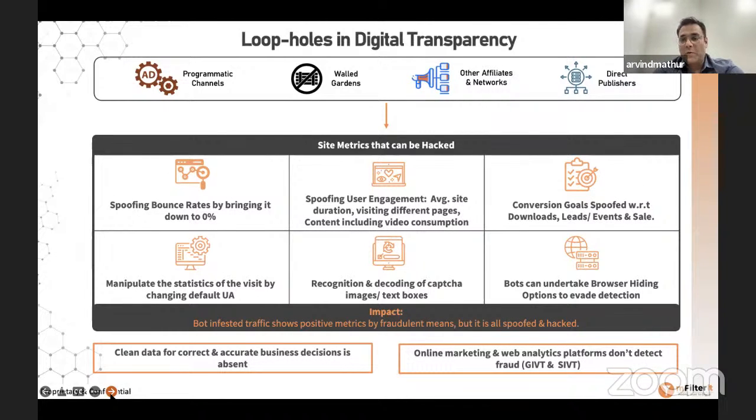So conversion goals, download goals, I think it's time where upholding digital transparency has become critical. And it's become more of a, I would say, hygiene for a brand today than a luxury to actually monitor these areas, right? And in fact, I'll share a few more slides about this.